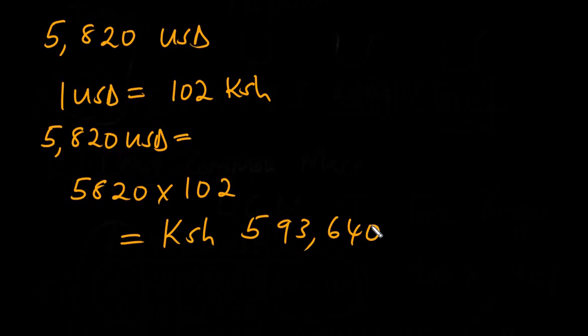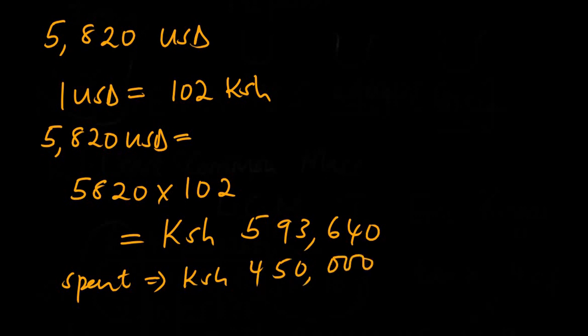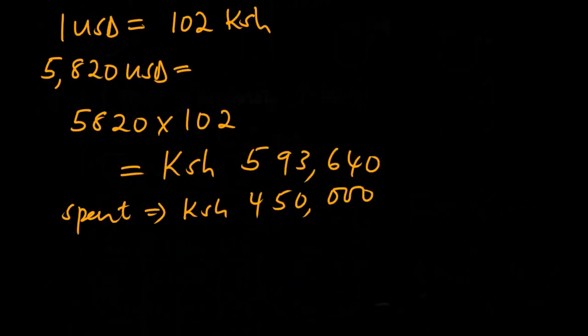Then we are told that while in Kenya, this tourist spent a total of Kenyan shillings 450,000. So after spending 450,000 shillings, let's find the amount of money that this tourist was left with.